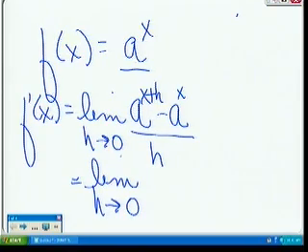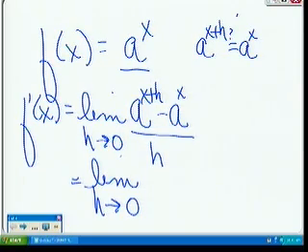So we have to go backward a little bit algebraically. A to the x plus h, is that the same thing as a to the x times a to the h? Probably you haven't done it in that direction before, but certainly if you have the product of two things with like bases, you can add their exponents.